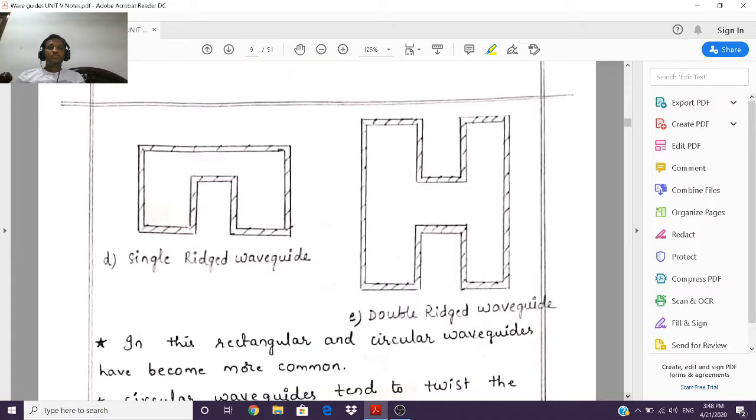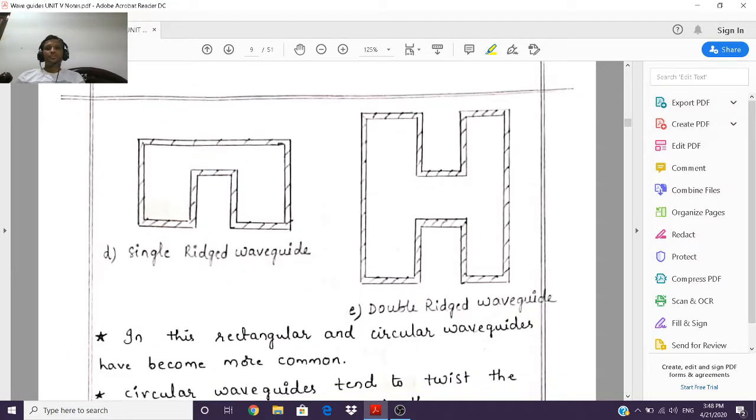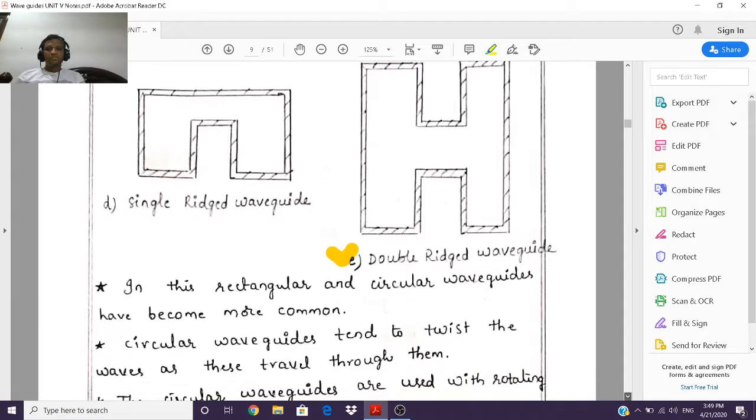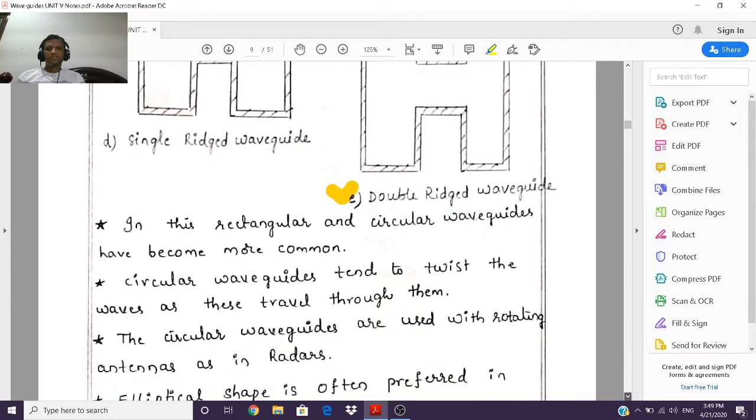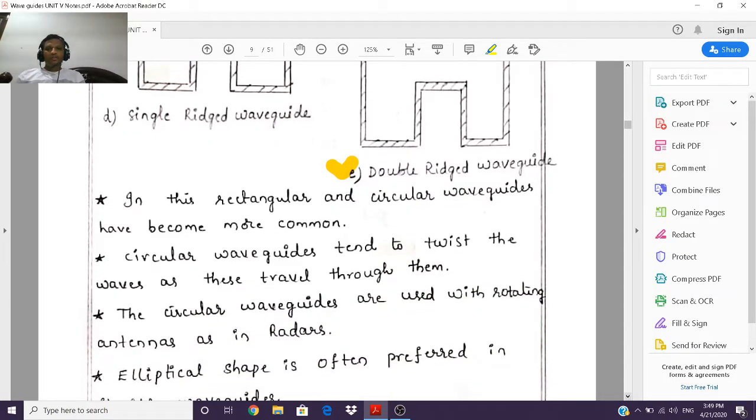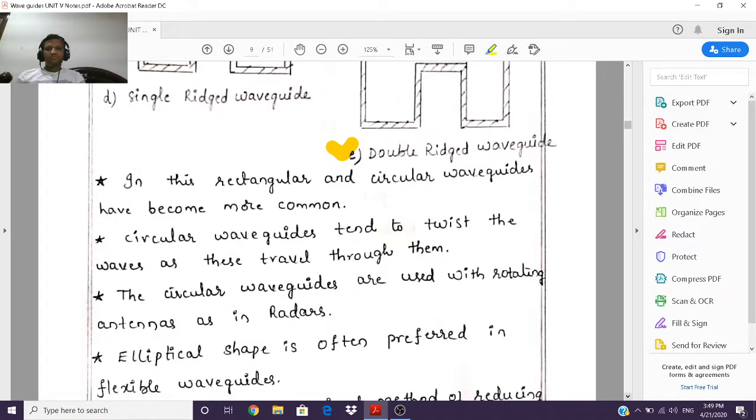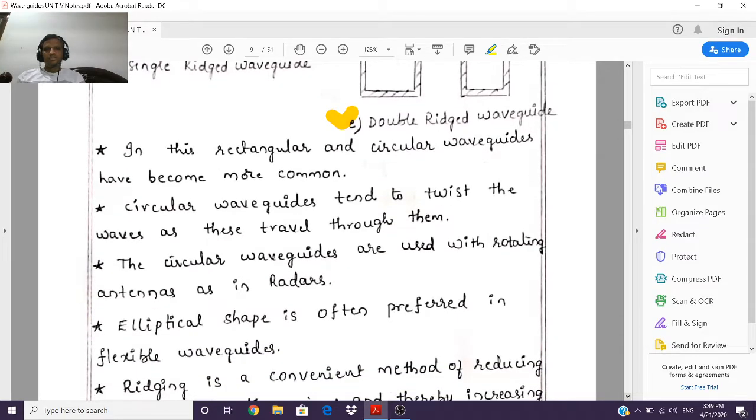Then we'll be moving on to the single ridge. The shape of single ridge will be like this, and this is the shape of a double ridge waveguide. Here I am taking a shape like H, but you can have all the different alphabetical shapes of the rectangular waveguides. Okay, so these are the 5 different types of waveguides which we talk about. But in this, rectangular and circular waveguides are the very famous waveguides which we use in general.